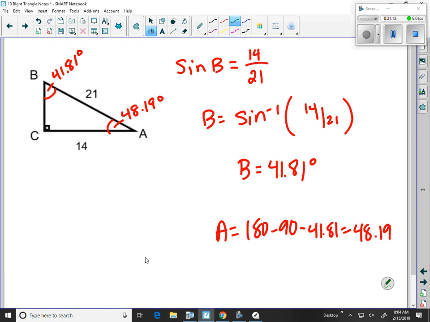It doesn't matter which function you decide to use, you just have to solve for this side here. If we use the 48.19, that would be opposite, and we'll just use hypotenuse. We'll just make this a whole sine problem. So we would do sine of 48.19 equals our opposite, I'm going to label it as x, over hypotenuse 21.